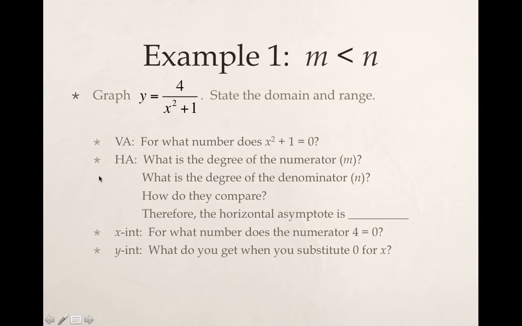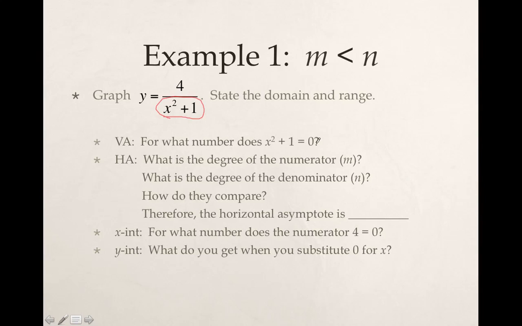So in step 1, we're going to find the vertical asymptote by figuring out for what number does x squared plus 1 equal 0. So again, x squared plus 1 is our denominator. We're setting our denominator equal to 0, and we're going to solve this.